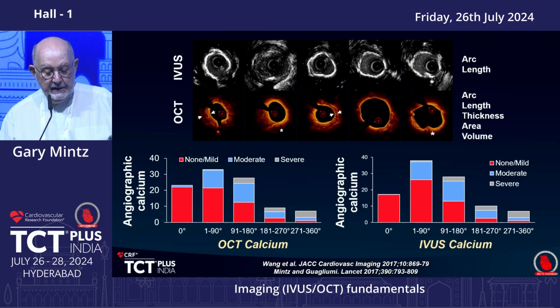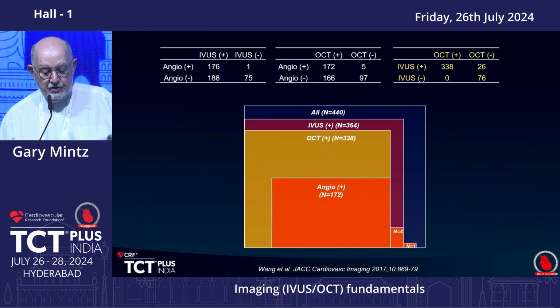Akiko and the team repeated this with IVUS, OCT, and angiography with almost the same results as we showed in 1995. There's a slight advantage to IVUS in detecting deep calcium because if there is lipid on top of deep calcium, OCT will not penetrate to see the calcium, while IVUS does not have that disadvantage.